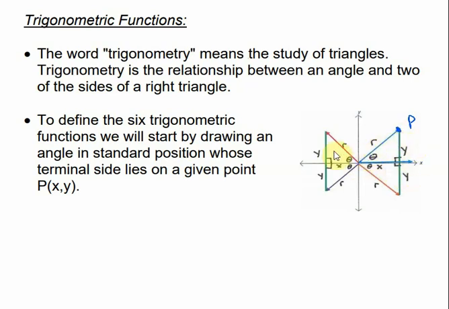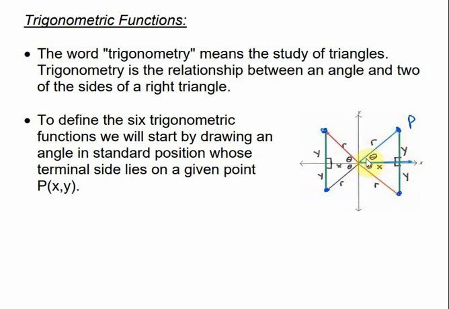Like I said, we can have a triangle in any of the quadrants. So this would be P for this triangle, this would be P for this triangle, and this would be P for this triangle. And you see how no matter what quadrant they're in, they're creating right triangles.